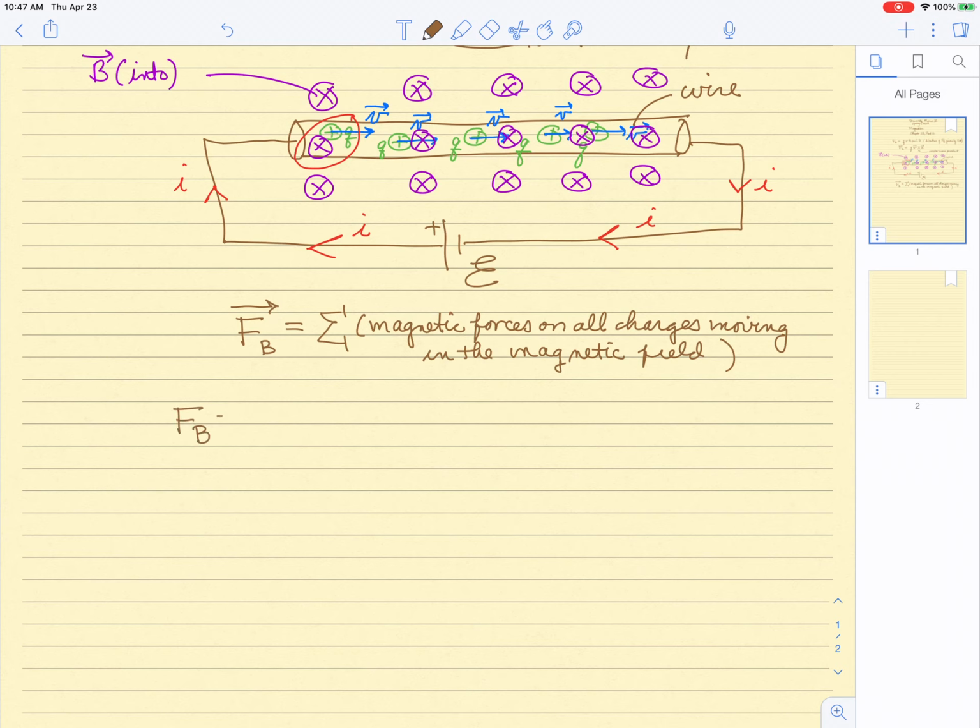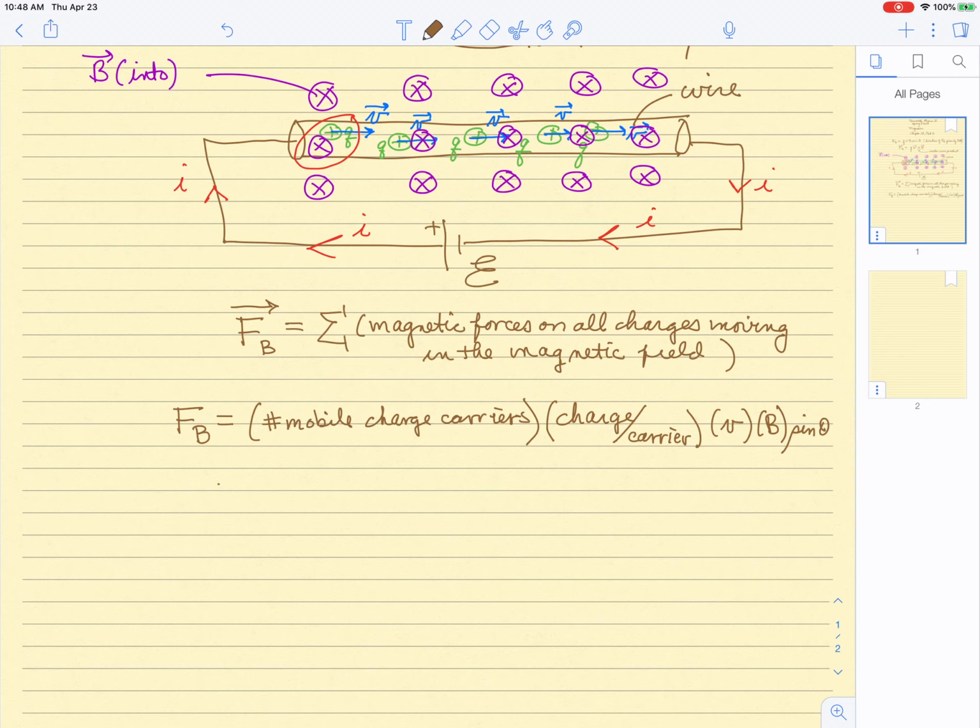So in magnitude, the magnetic force is going to be the number of mobile charge carriers, times the charge per carrier, times the speed of the carriers, times the magnitude of the magnetic field, times the sine of theta, where theta is the smallest angle between the velocity vector and the magnetic field vector. In this case, it's 90 degrees.